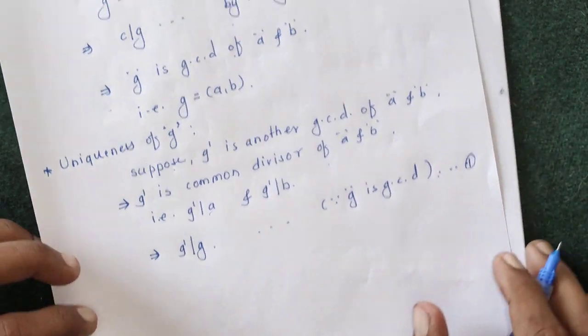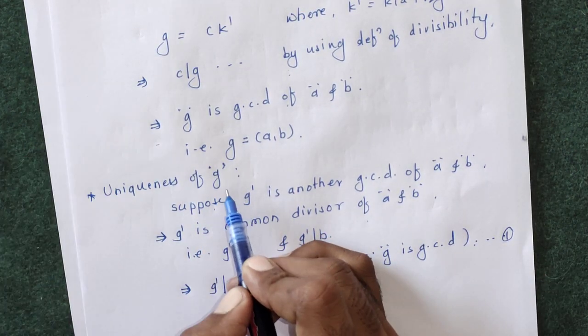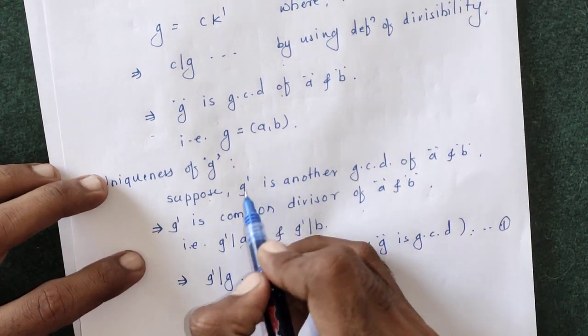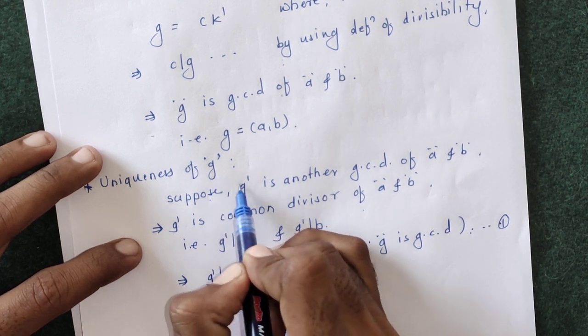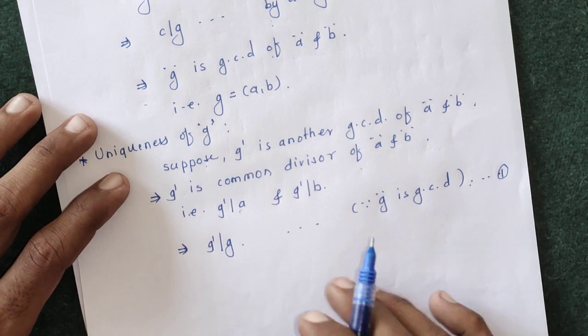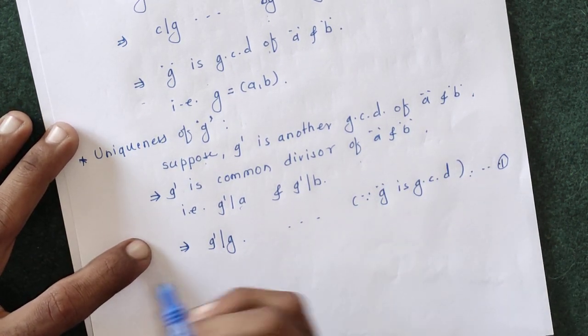We have to prove the uniqueness of g. If g prime is another GCD, then g prime must be equal to g. To prove g equals g prime, we are going to prove g prime divides g and g divides g prime. First, we have proved that g prime divides g.